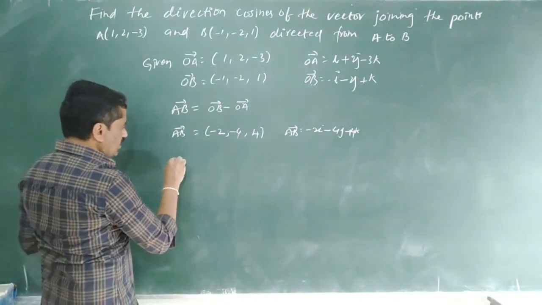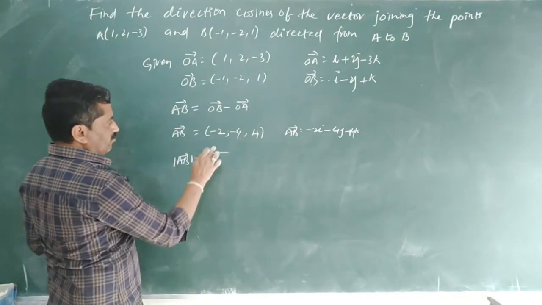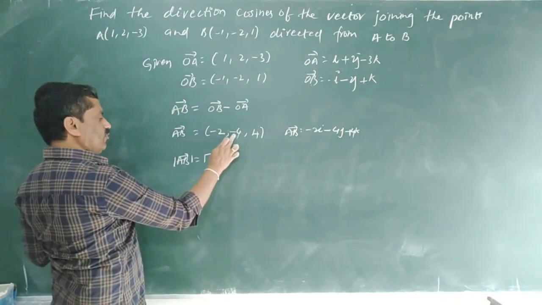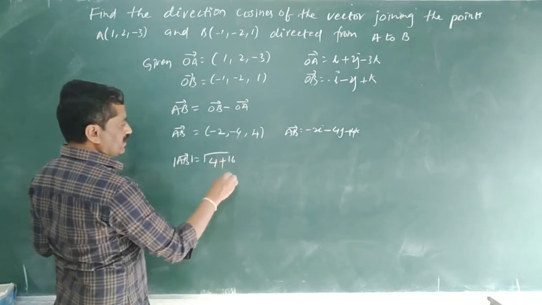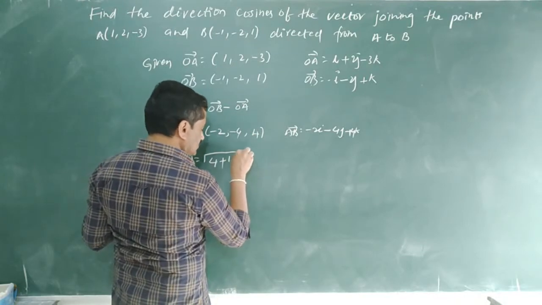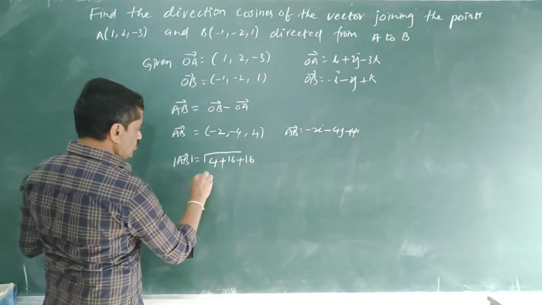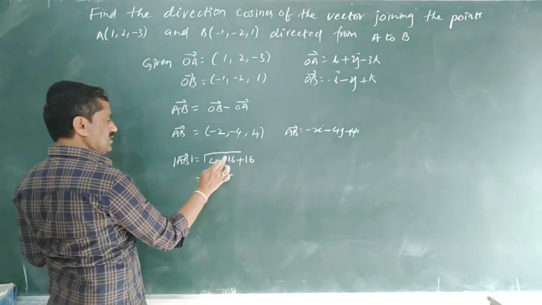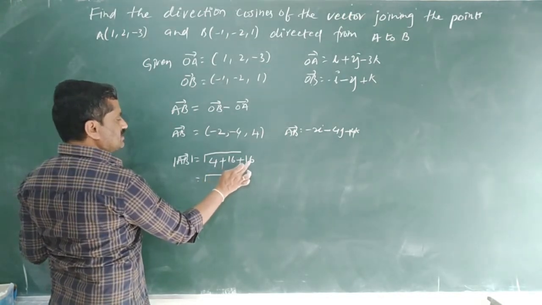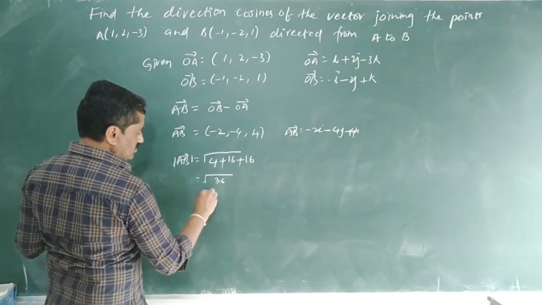Therefore magnitude of AB bar is equal to square root of minus 2 whole square, we have 4, plus minus 4 whole square, we have 16, plus 4 whole square, we have 16, right? Again that is equal to square root of 4 plus 16 plus 16, 4 plus 16 is 20, 20 plus 16 we have 36. What is square root of 36? That is equal to 6.